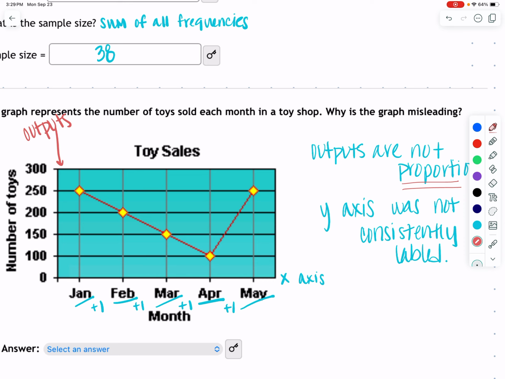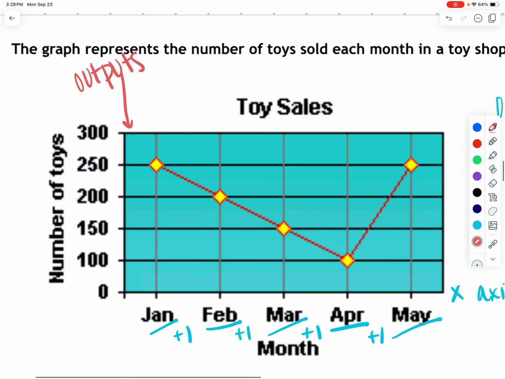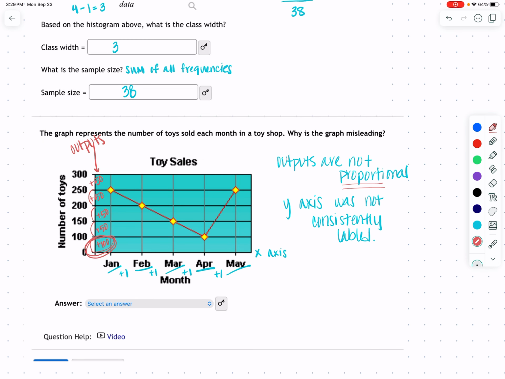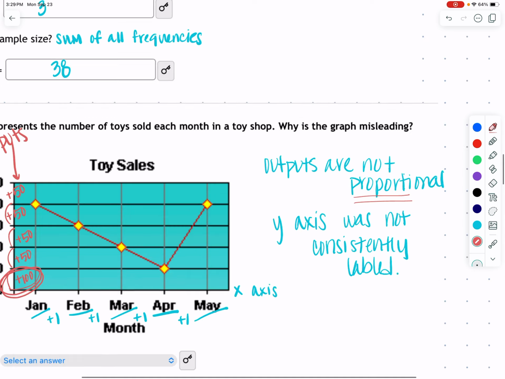And so when I went to look at the outputs, from 0 to 100, added 100. 0 to 50 was a plus 50. We had another plus 50, another plus 50, and another plus 50. That first one was way bigger than the changes on the other ones. So I definitely could see choosing outputs are not proportional as an answer choice.